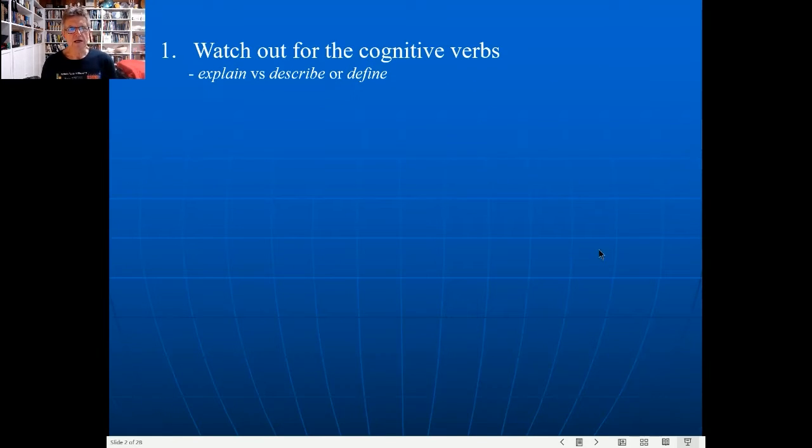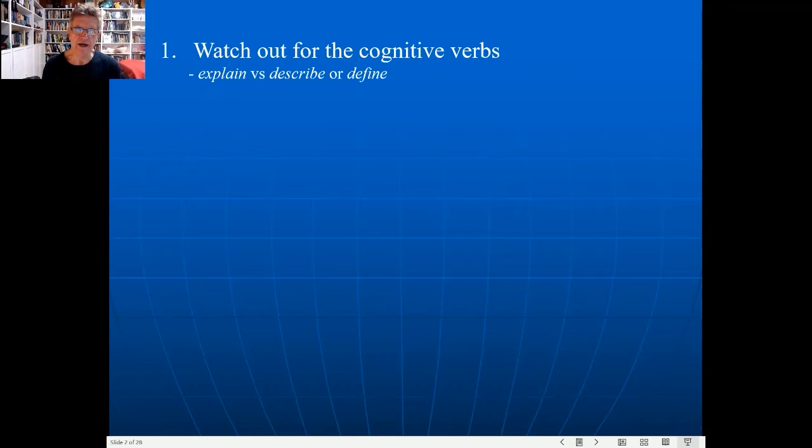One of the key things, now this is drilled into students all the time, but one of the key things you've got to watch out for is cognitive verbs. Now, there's a number of cognitive verbs and they're all listed in the syllabus or in the documents provided by the authority.